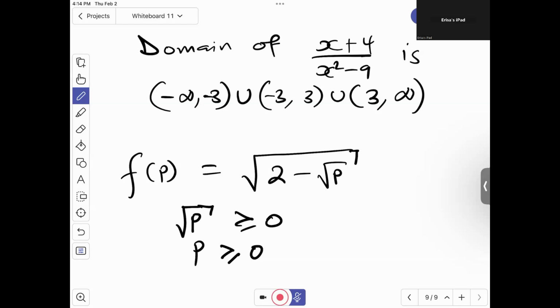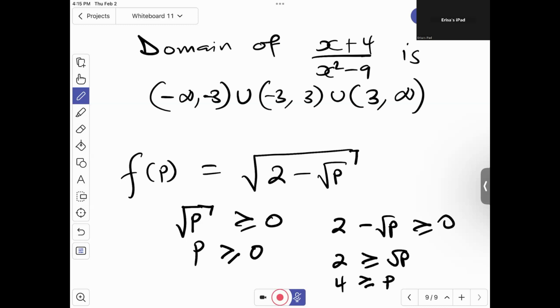And then we also want 2 minus the root of p, the inside of that radical, to be greater or equal to 0. Let's move it to the right-hand side. We have 2 is greater or equal to root of p. Squaring both sides gives 4 is greater or equal to p.